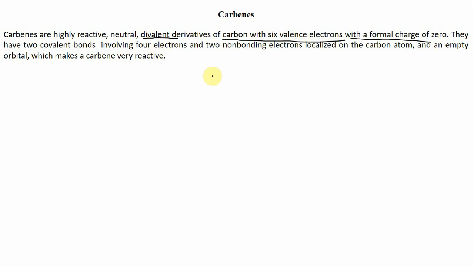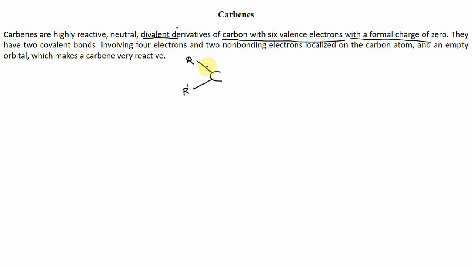So we can write the structure as, if this is carbon, it is divalent in nature, so it has 2 covalent bonds like this. Here it may be R or it may be R prime.